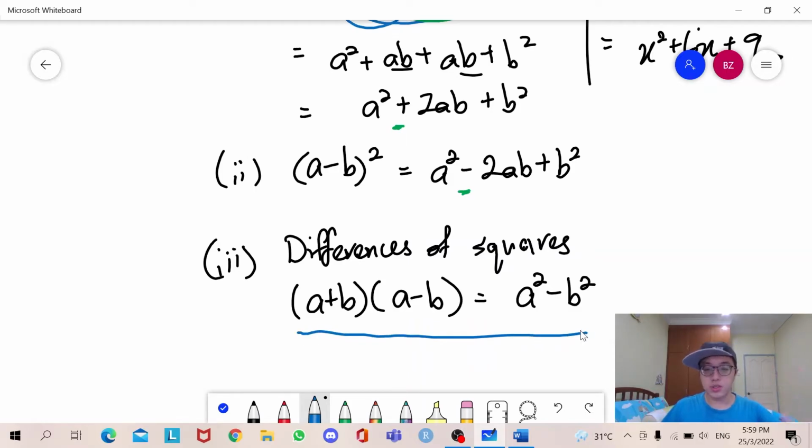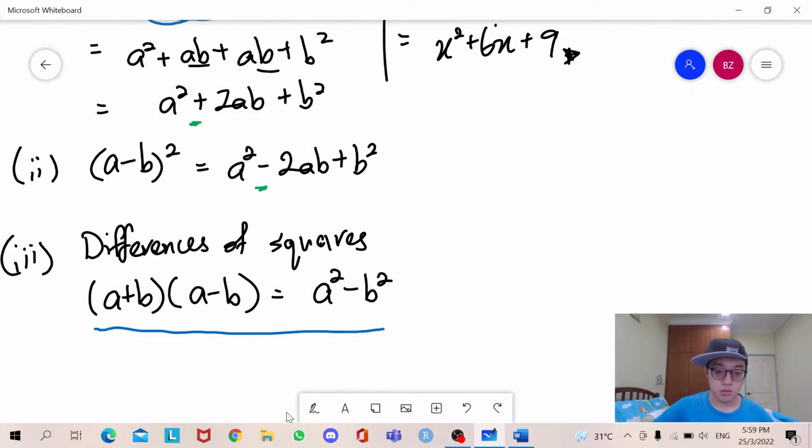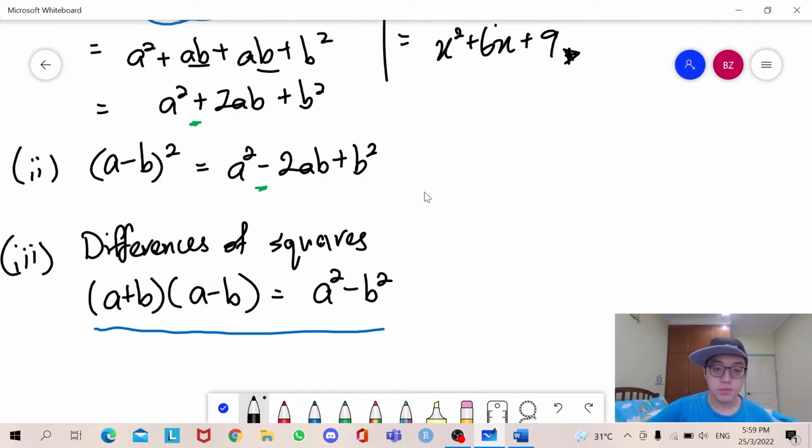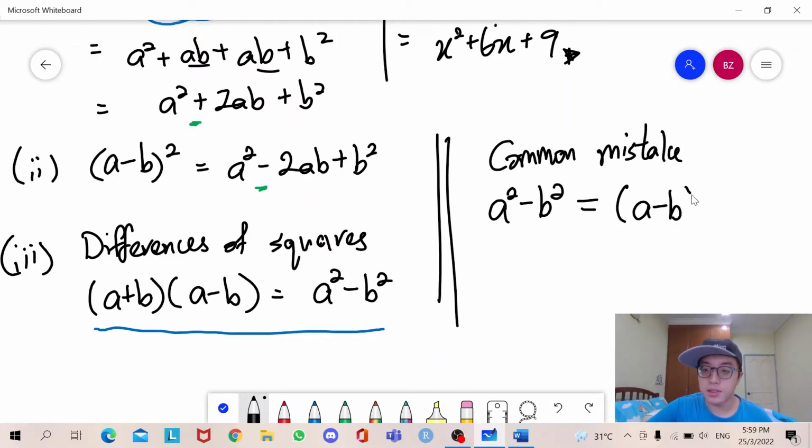Actually, all three are very important, especially this, because there's one common mistake here. I'm going to write down the common mistake. People would think a squared minus b squared is equal to (a minus b) squared, and this is not true.